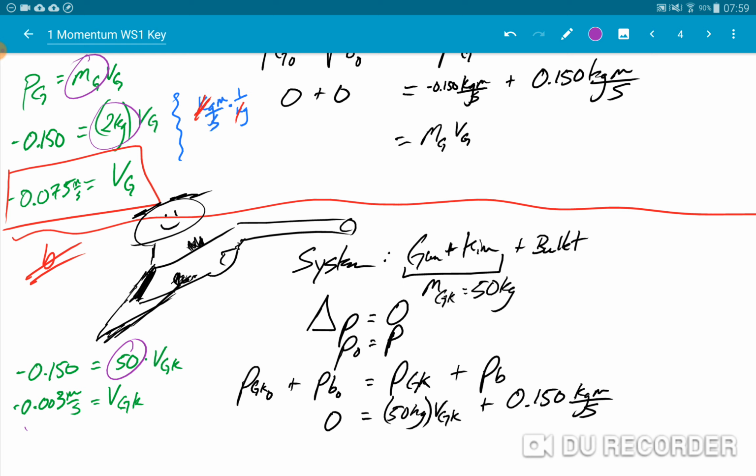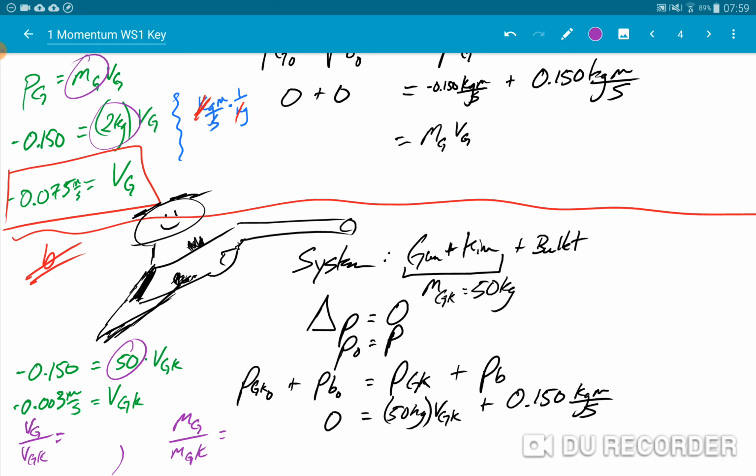So I could go, hey, let me look at the velocity of the gun versus, we're looking at increase or decrease, in this case it decreased, yeah. So we'll look at the velocity of the gun versus the velocity of the gun Kim system. And separately, we can look at the mass of the gun versus the mass of the gun Kim system there.